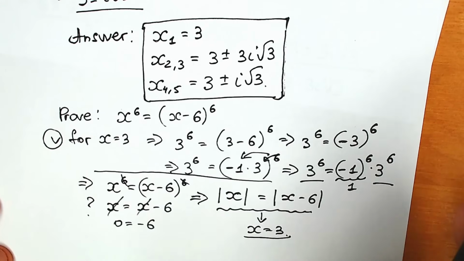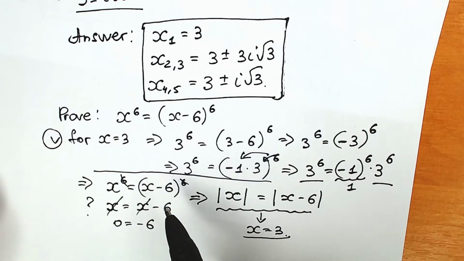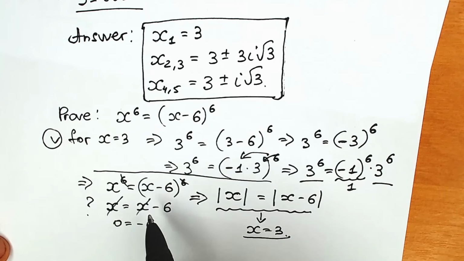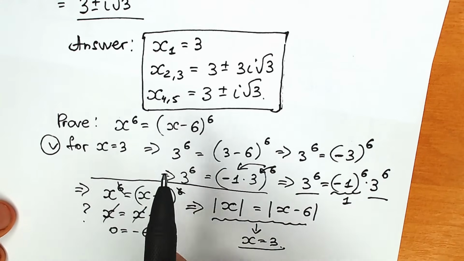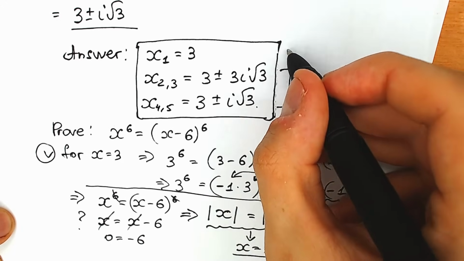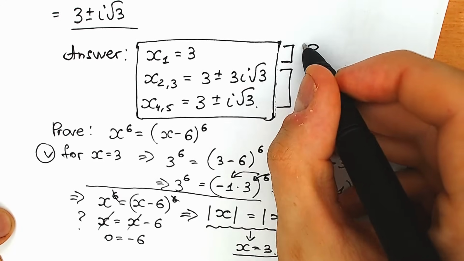And that's it. When you cancel it, you reject the complex roots, because when you cancel, the only case when you can solve it is to find a real number root. You can't find a complex root. The only way to find these two complex roots is not canceling. You need to factor it.